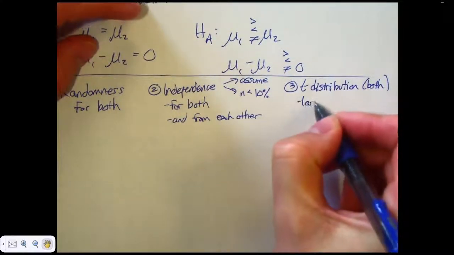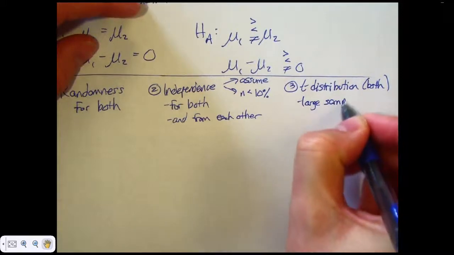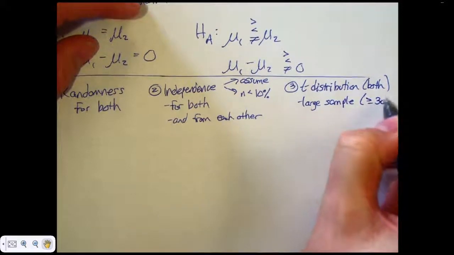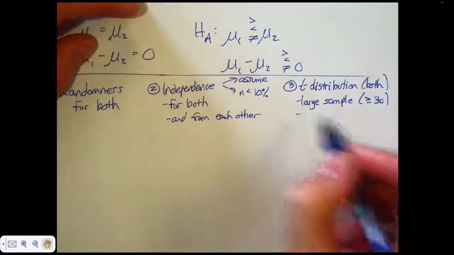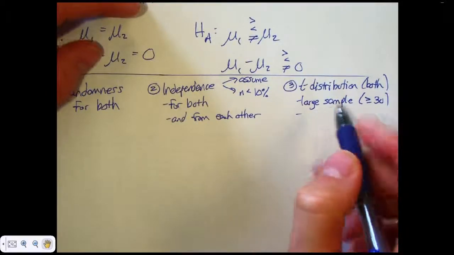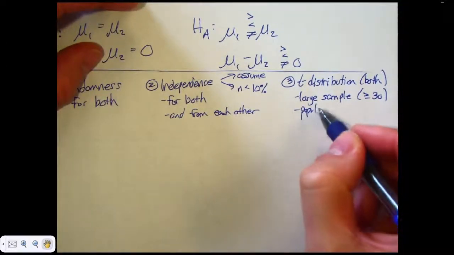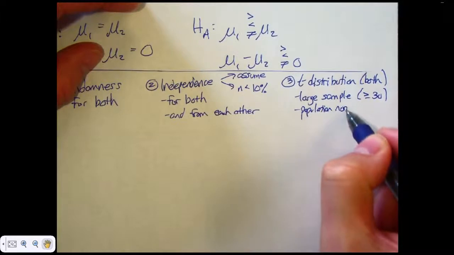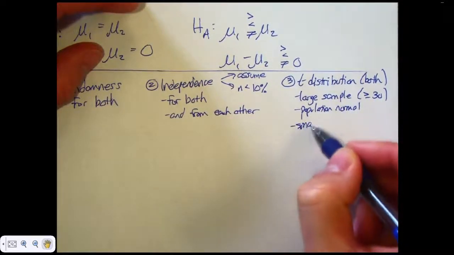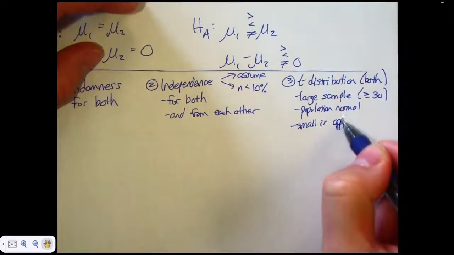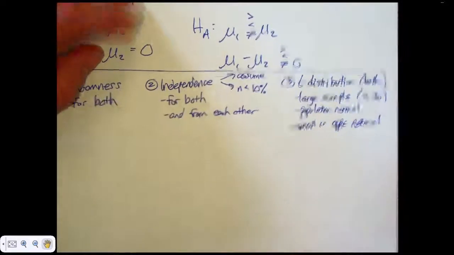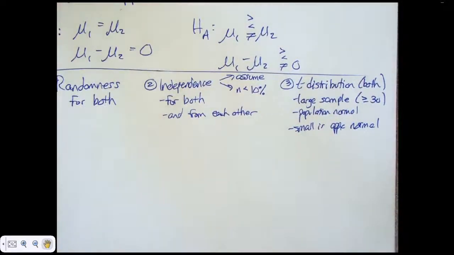So I could have a large sample, greater than or equal to 30, or approximately normal. So you can say your population's normal, or your small sample is approximately normal. So you either have a normal population, or you have a big sample, or you have a small sample, but the small sample looks approximately normal also.